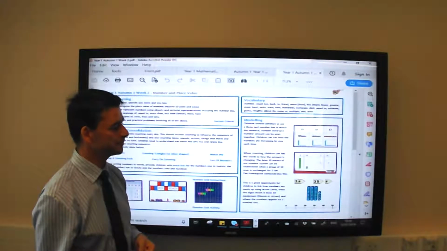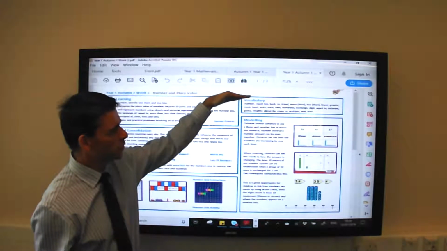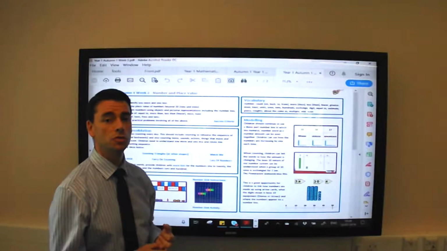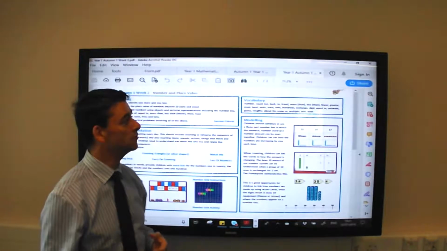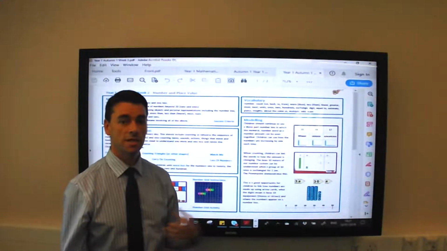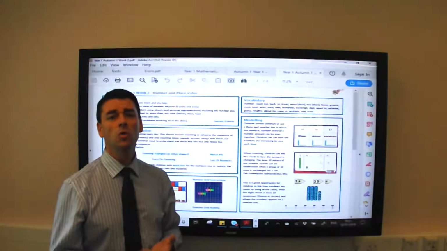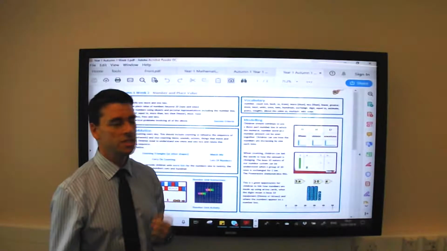Alongside the modelling, we've also got this section, the vocabulary that adults and children should learn and start to use confidently as the unit progresses and as the year progresses. Some of these words children will know already, before starting year 1.